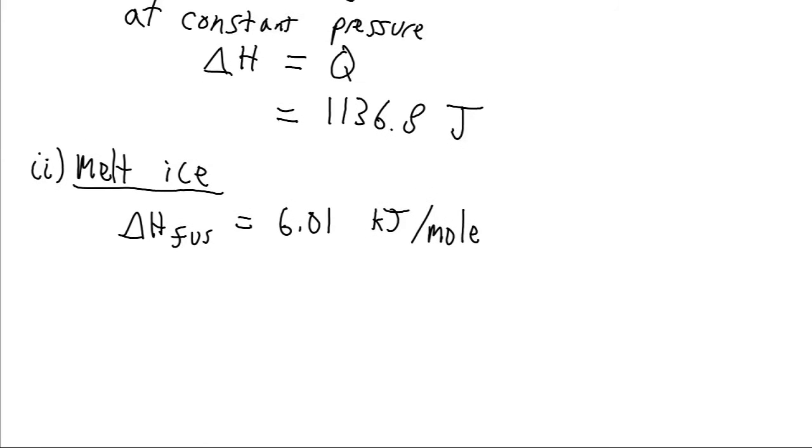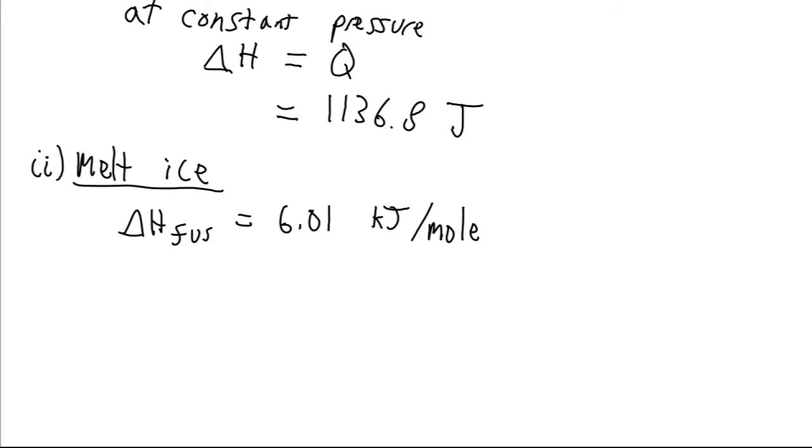Now remember, it's very important that we remember the definition of enthalpy of fusion. So what's the definition? Remember, it refers to the melting of the solid. So in that case, our enthalpy of fusion is going to be positive.